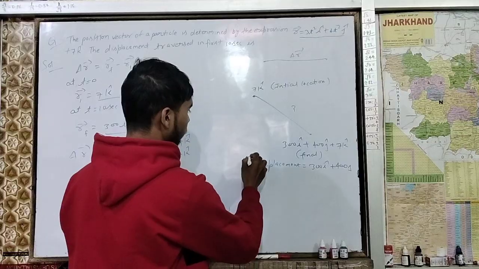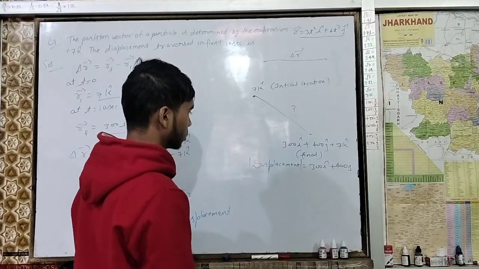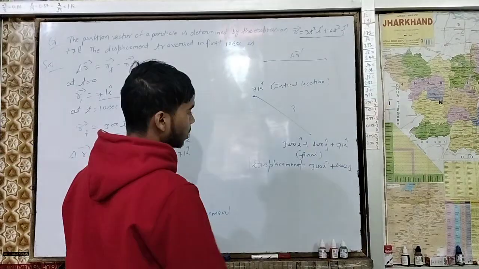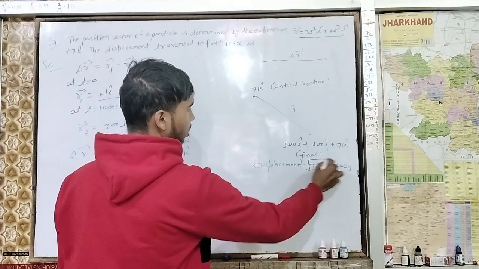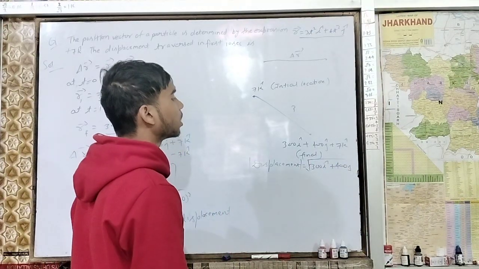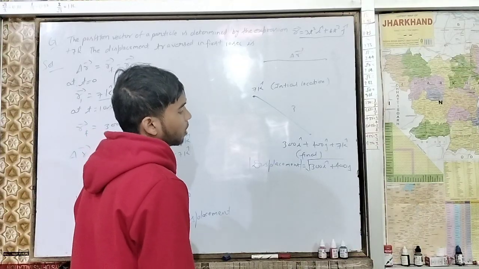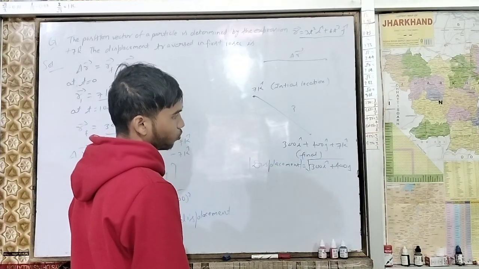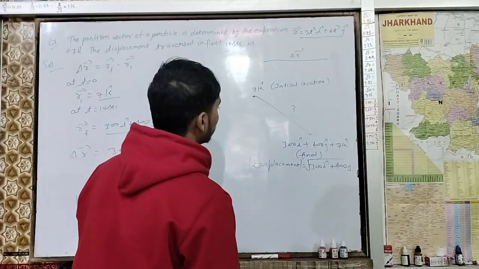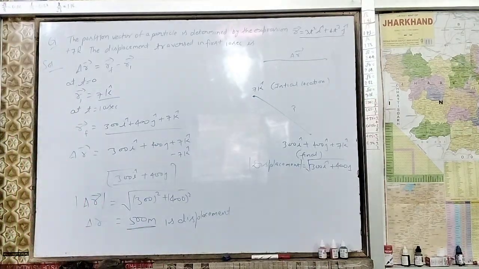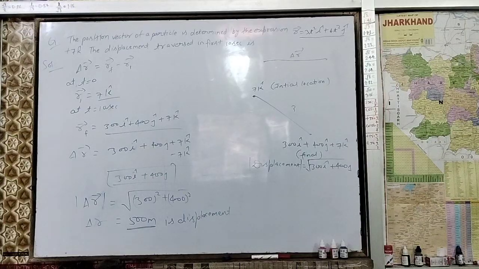For that we just use mode, and when we use mode, all terms will come under root with a square: x squared plus y squared. Then we got this much displacement as a magnitude without having direction.